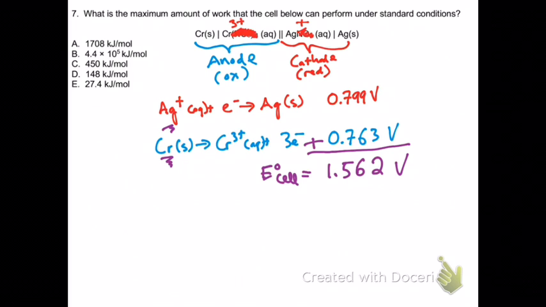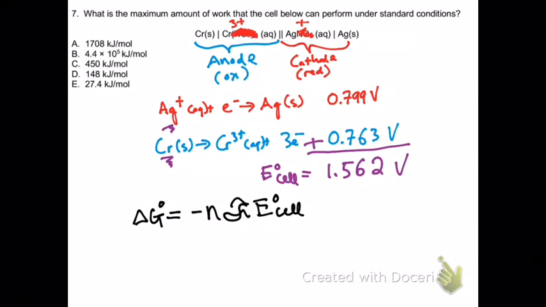Now, the question specifically asks, though, for the work that this can do. So we need to use the equation, delta G. So whenever we think of work, we think of delta G, the free energy, is equal to negative N times F times the, in this case, we're looking for delta G standard, so the E cell standard. Now then, what is N? So N represents the moles of electrons transferred in the balanced overall reaction.